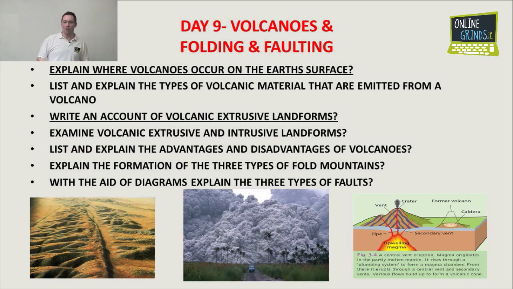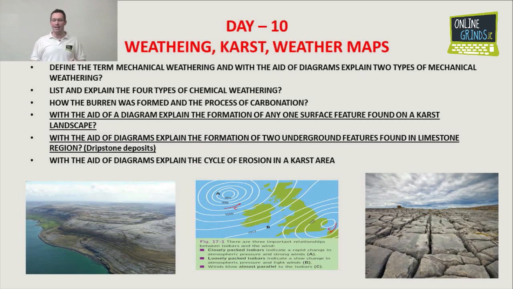So looking at the likes of shield versus dome volcanoes and that. Then moving on to day 10, you'll be looking at weathering, karst and weather maps. Weathering is physical weathering and chemical weathering, and they tend to ask either of them maybe every second year. And then one of the key ones to learn is the one on the karst landscape. So you need a surface karst feature and an underground karst feature.